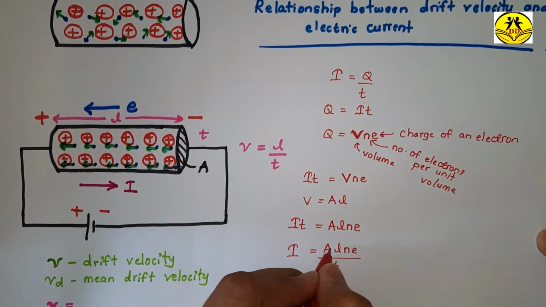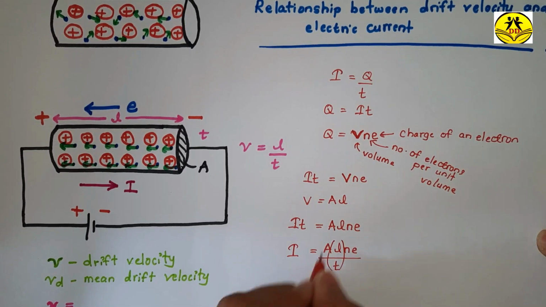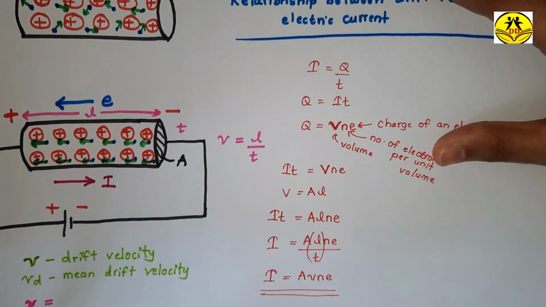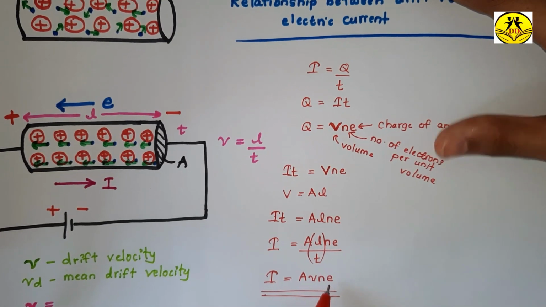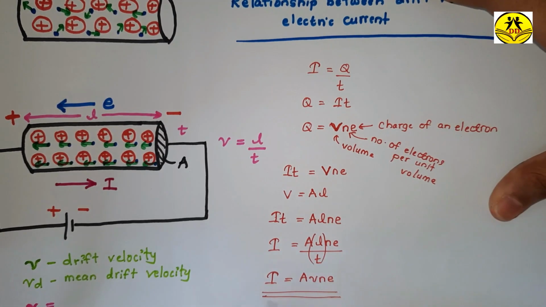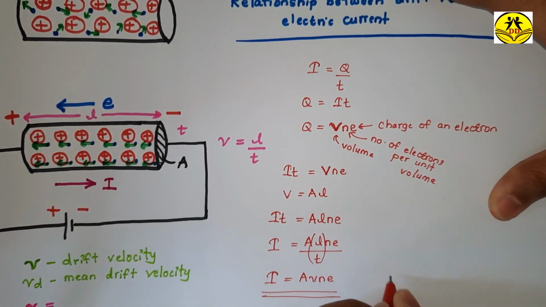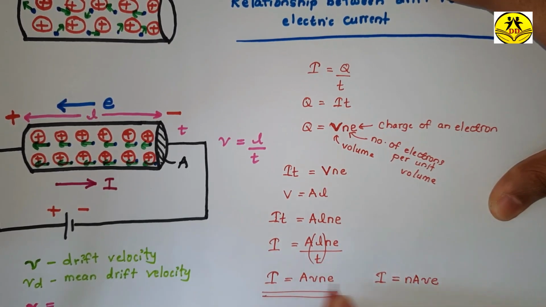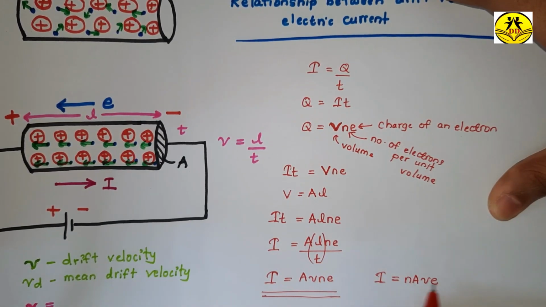So now you see we have a term L over T here. So I can be written as AVNE. For the sake of memorizing this equation, I'll tell you a simple method. We can write I equals NAVE. It's still the same terms, just the places where they are interchanged.